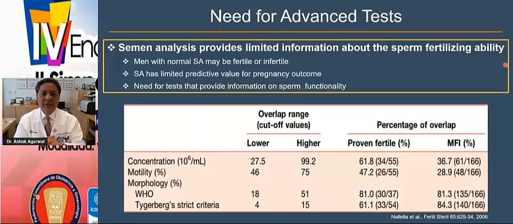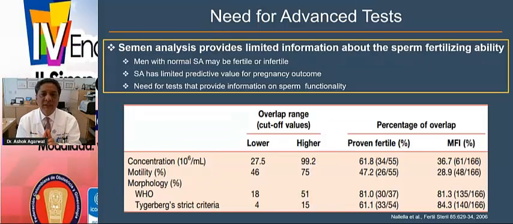Let's begin now. So, what is the need for advanced sperm function tests? The need is because semen analysis, which is one of the first tests that is required on any couple with a male patient to evaluate their fertility, is a very poor test of predicting the fertility of that individual.